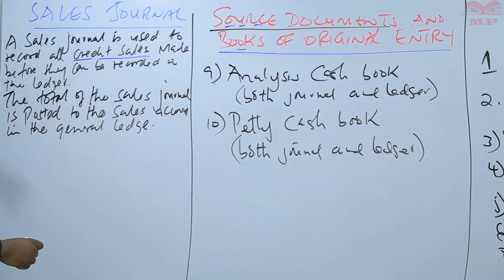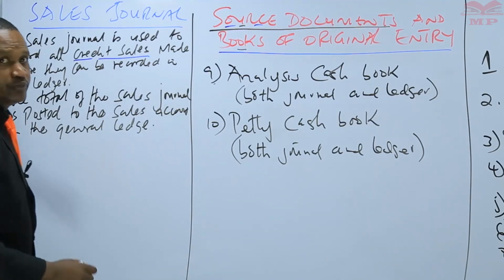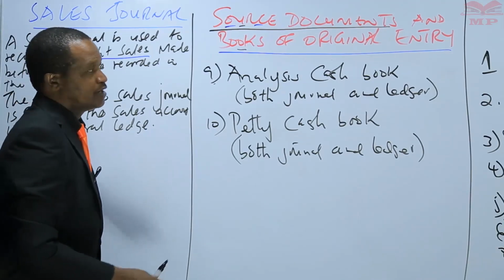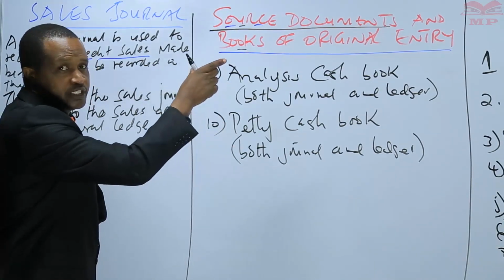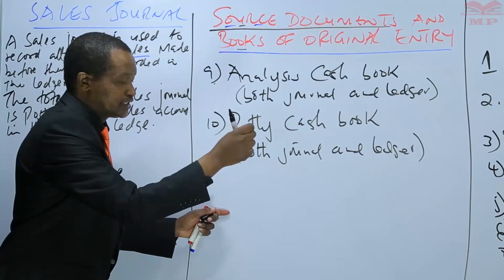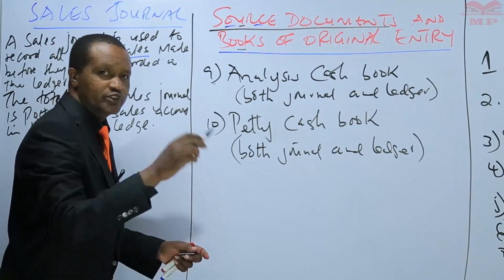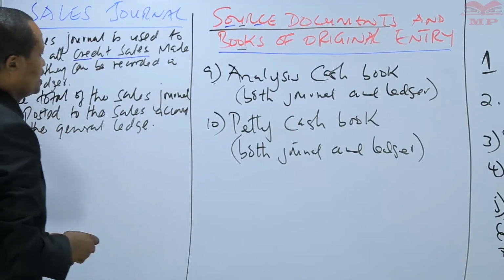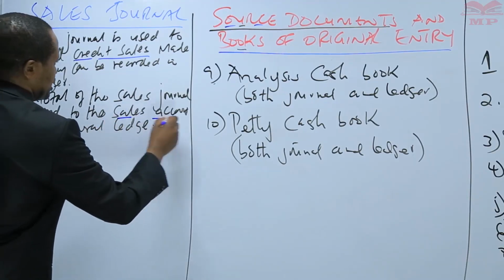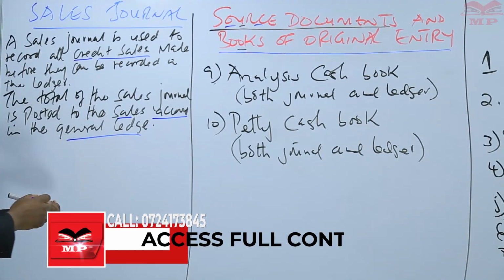A sales journal, as we'll be seeing later, is a book that is used to record invoices that are sent to the debtors. So the total of the invoices therein is posted to the sales account in the general ledger.